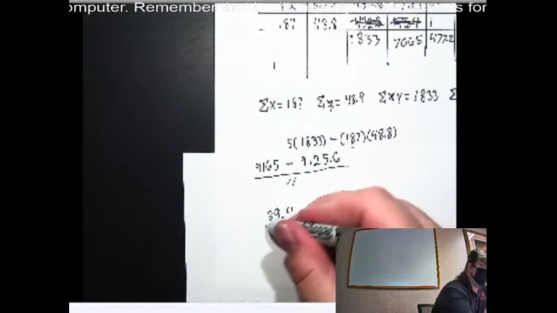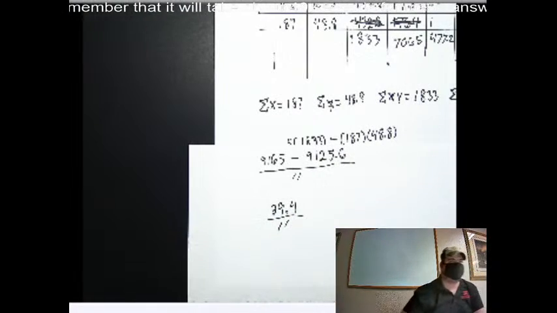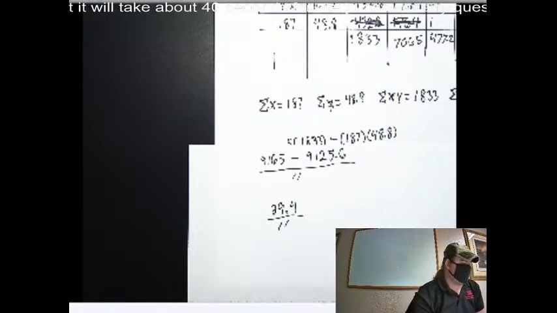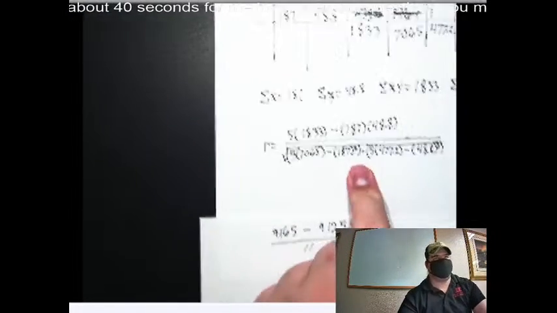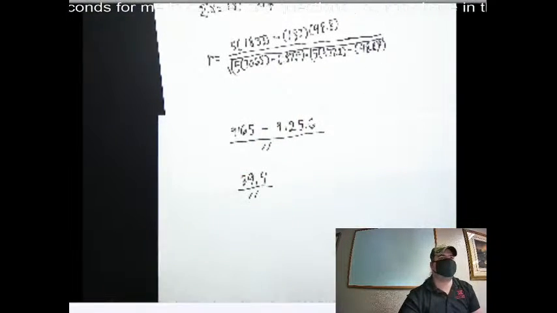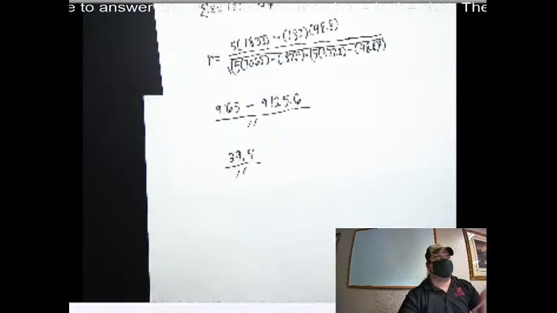Okay? So that's the top part done. And again, I'm using these two lines to represent that we haven't done anything with the bottom yet. But now that we've got the top done, let's go ahead and do the bottom.